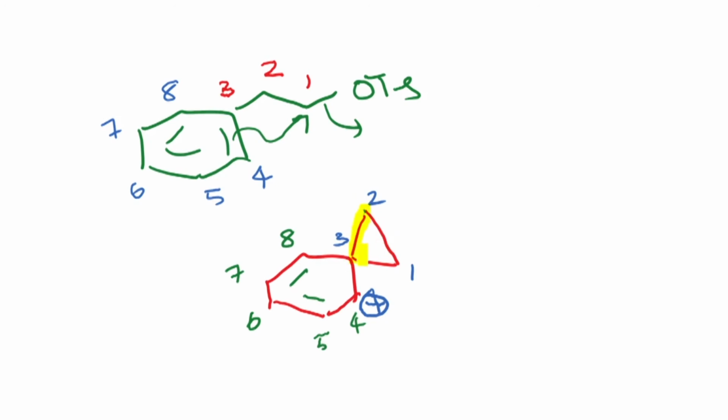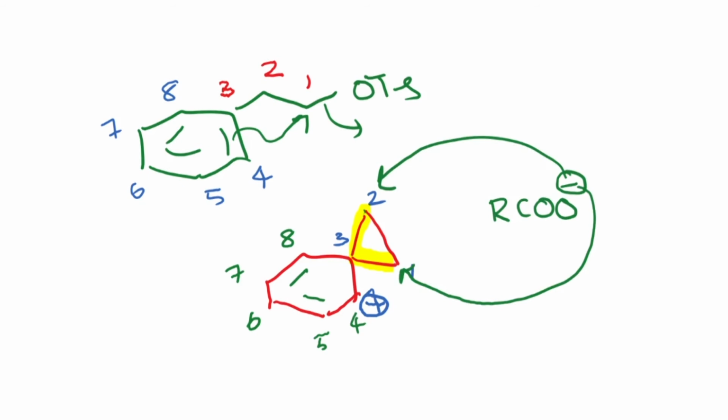So you see here, these 3 carbons are actually quite symmetrical. And now the attack of the nucleophile, which is RCOO minus, can attack. The attack can occur on carbon 2, or it can attack on carbon 1. Okay, and as you can see, this is equally likely, and so you end up with 50% of the one product being formed and 50% of the other product being formed.